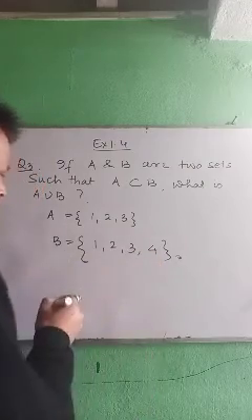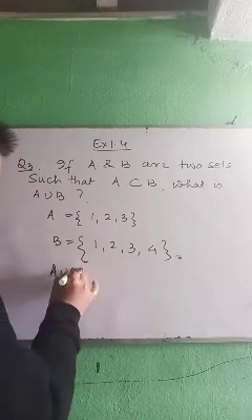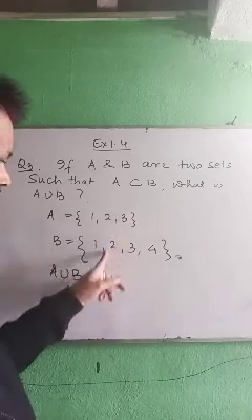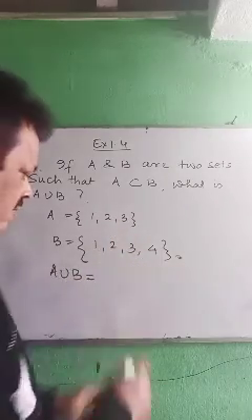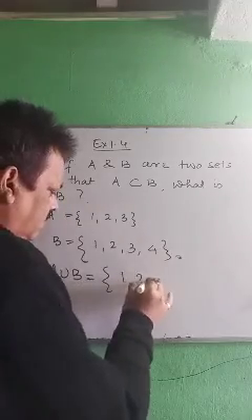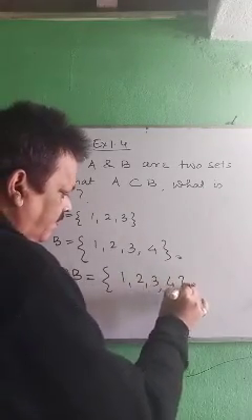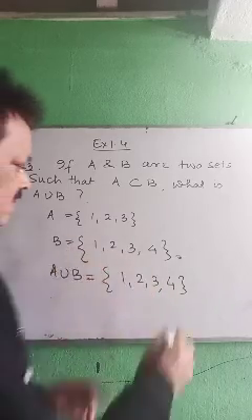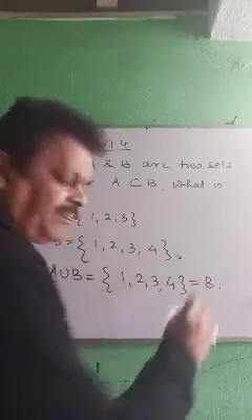Then what is A union B? Common and non-common elements, 1, 2, 3, 4. That is B, which is equal to B.